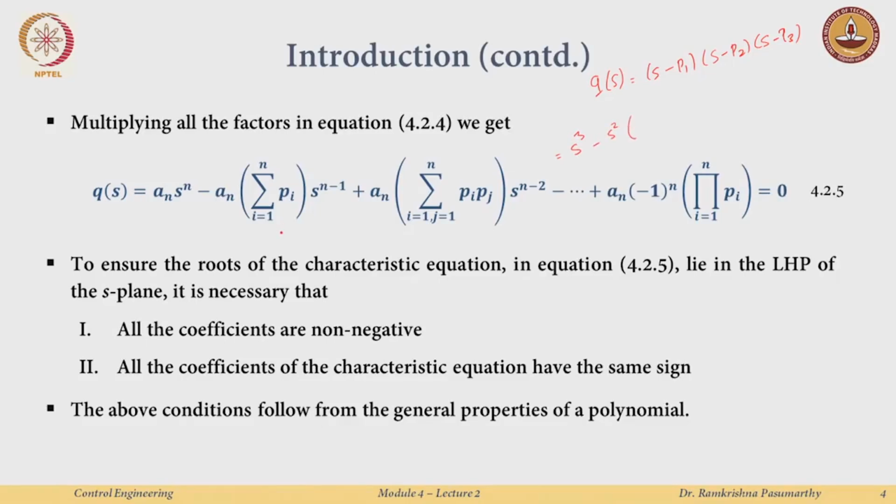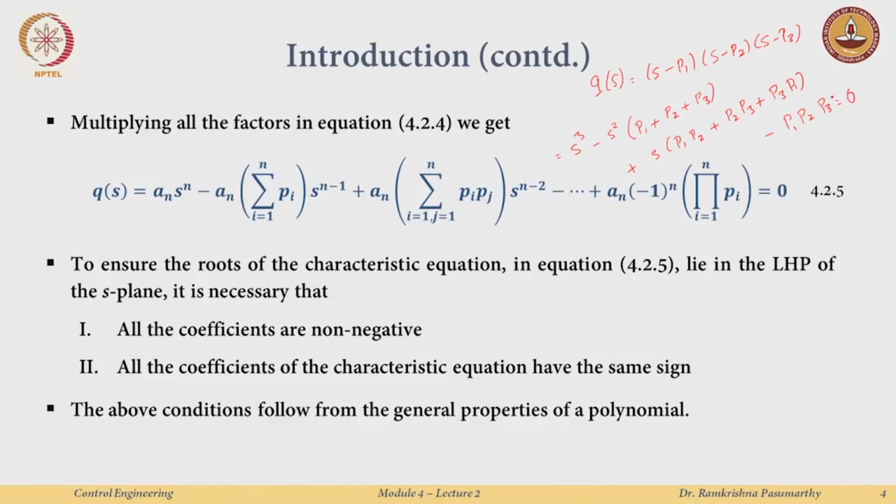So, you will have the sum of all the roots, P1 plus P2 plus P3, plus a term in S which is P1P2 plus P2P3 plus P3P1, minus the product of all these things, like here n equal to 3. So, I will have a minus P1P2P3.